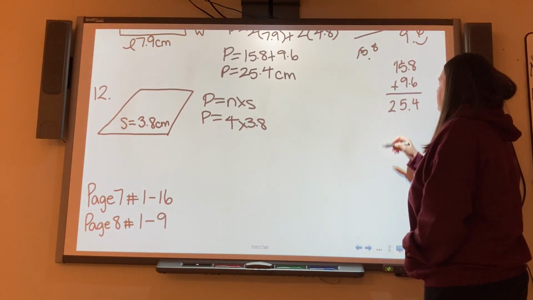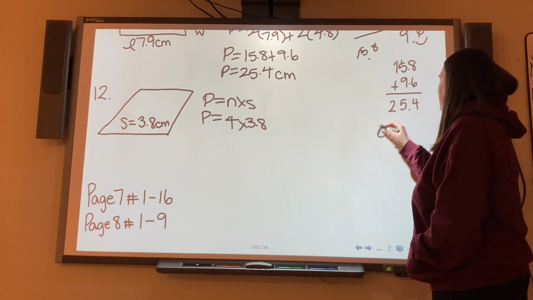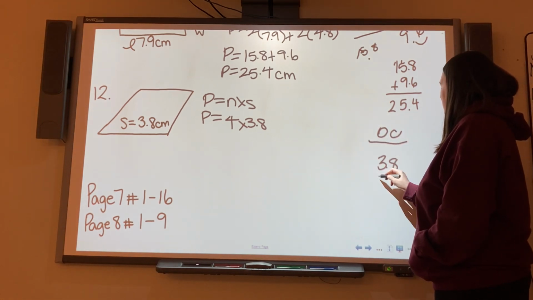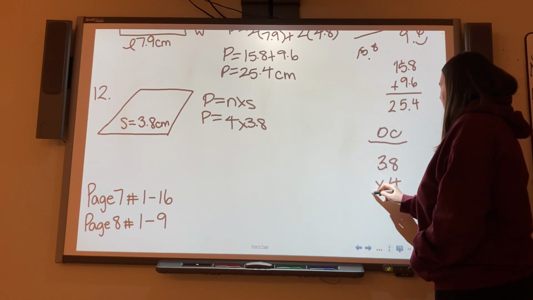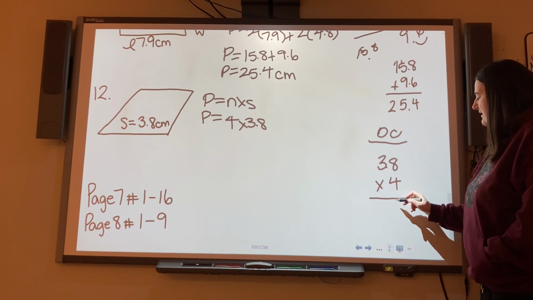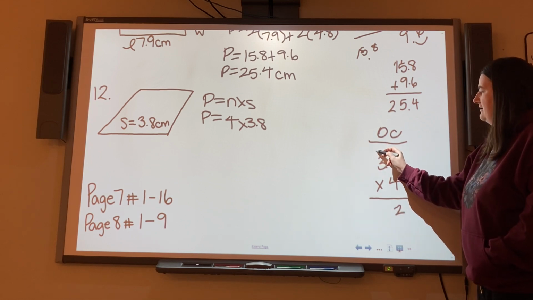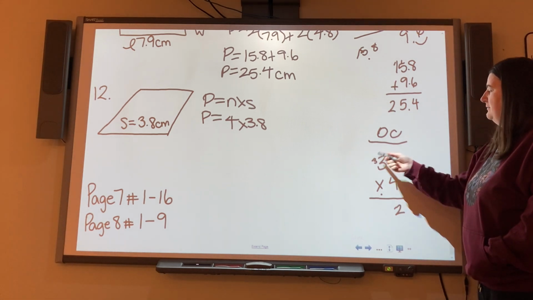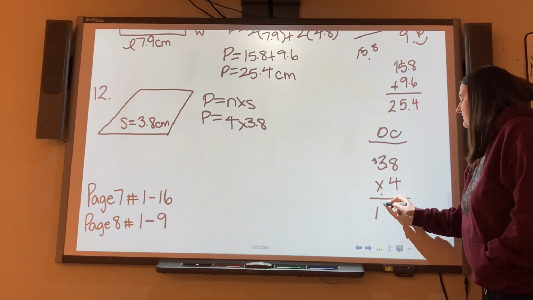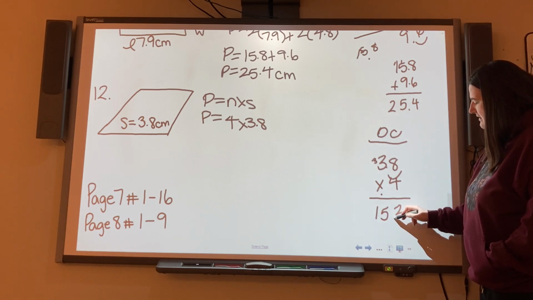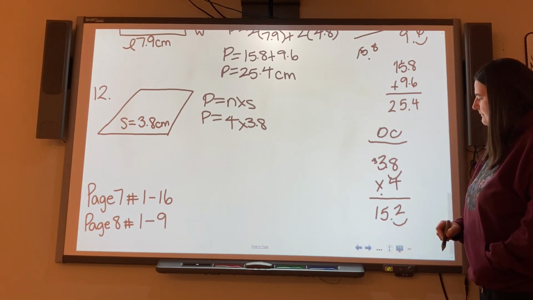So I go back over to my outside calculations, take my 3.8, times it with 4. So 4 times 8 is 32, carry your 3. 4 times 3 is 12, plus the 3 that I carried is 15, and I have 1 decimal spot, so I'm going to have 1 decimal spot.